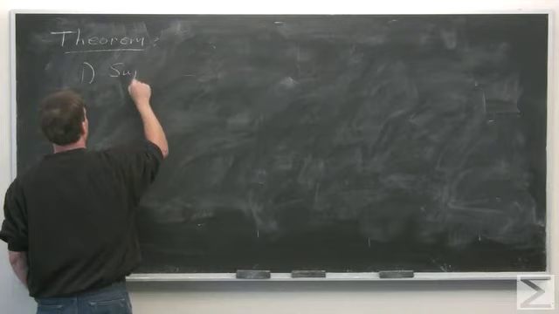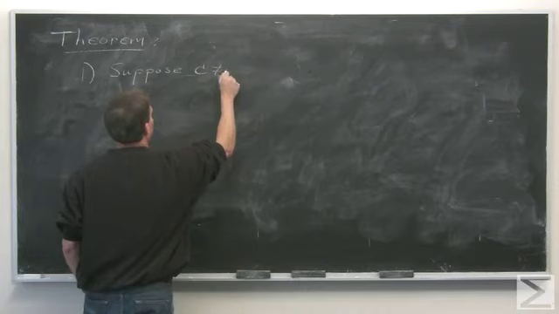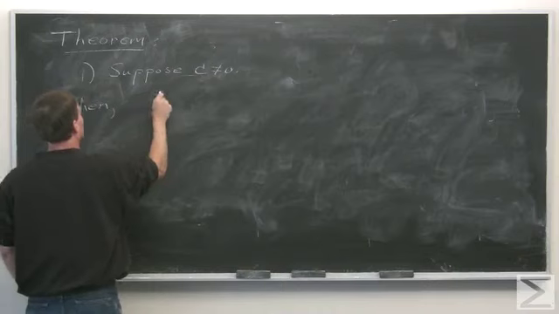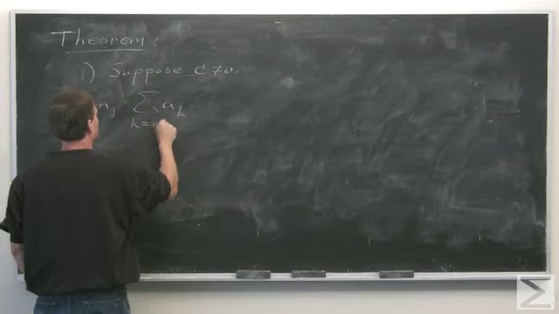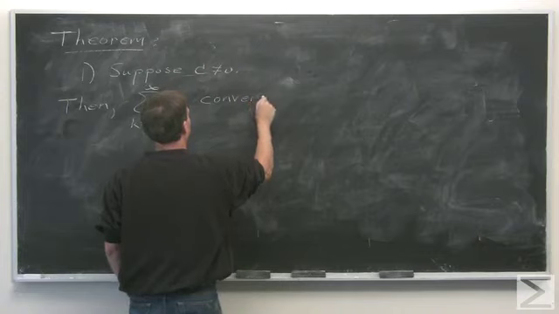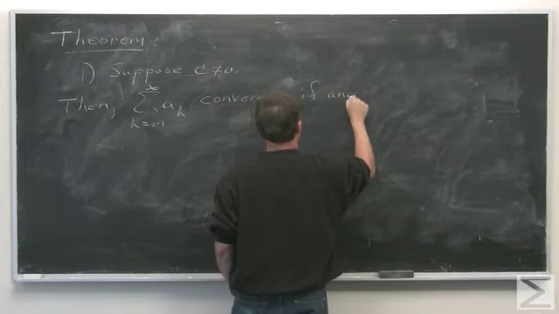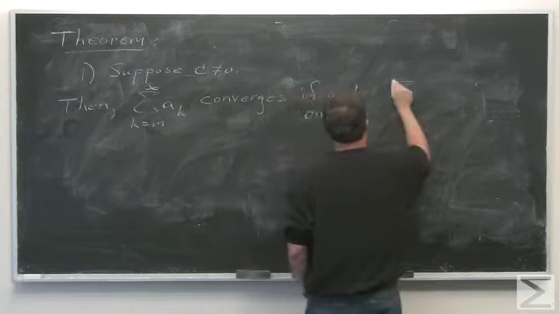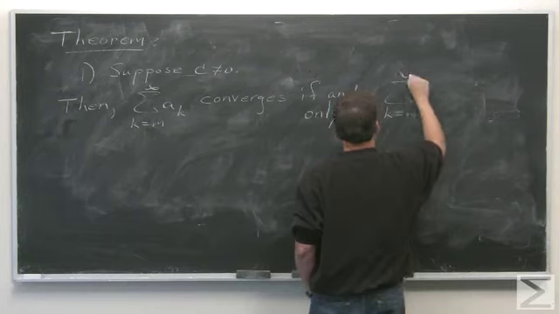Suppose c is a constant that's unequal to 0. Then a series sum of a_k, as k goes from m to infinity, converges if and only if the series where you multiply each term by c converges.